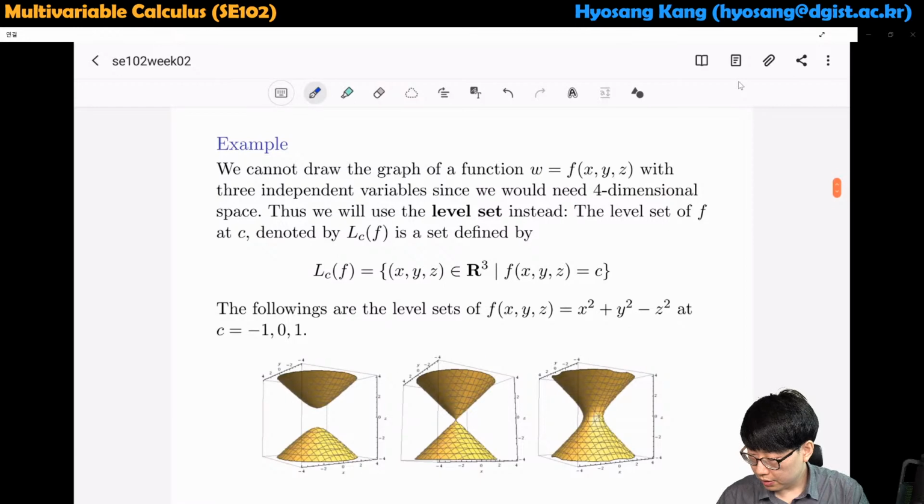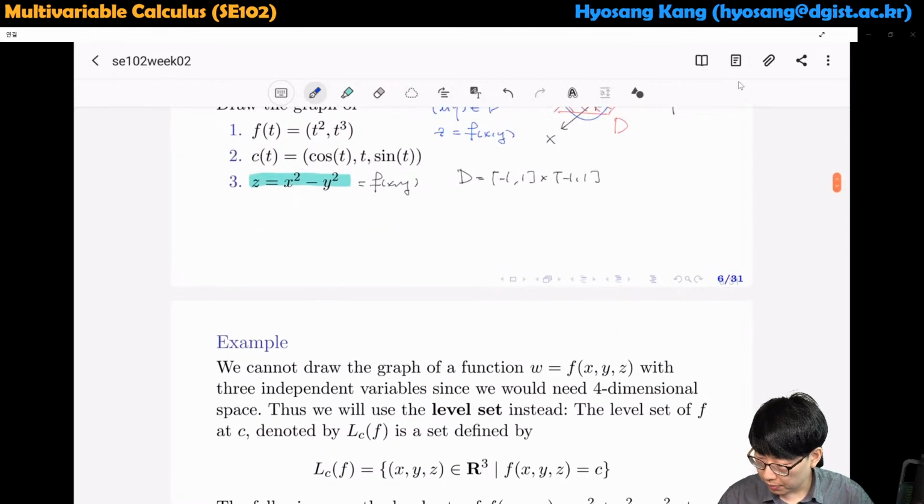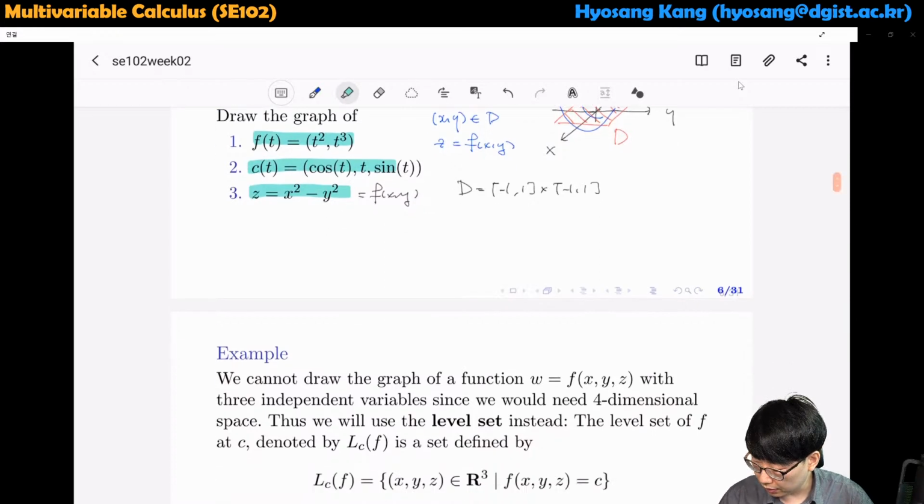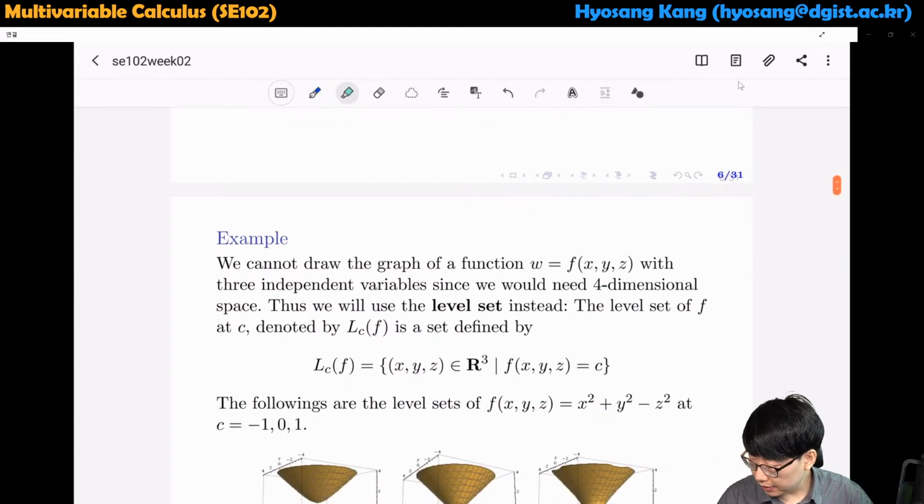And now these examples of graphs are for two-variable functions or parametric functions in two-dimensional space or three-dimensional space. But let's say we have a three-variable function, w, where x, y, z are all independent variables.